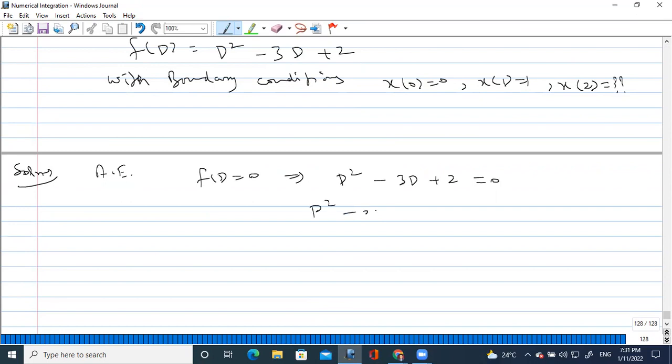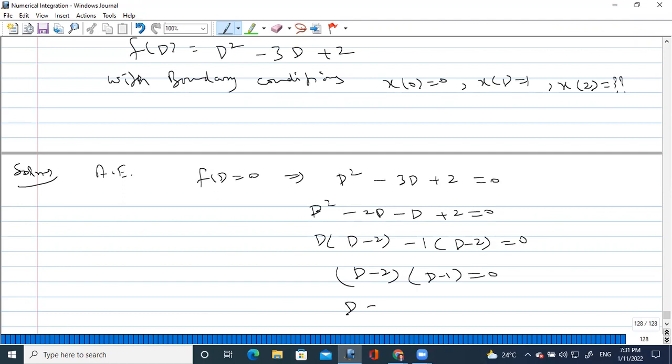So D² minus 2D minus D plus 2 equal to 0. D can be taken common: D(D minus 2), minus 1 can be taken common: minus 1(D minus 2) equal to 0. D minus 2 is common, so (D minus 2)(D minus 1) equal to 0. So D is equal to 2 and 1. These are the two roots, and they are real and distinct roots.